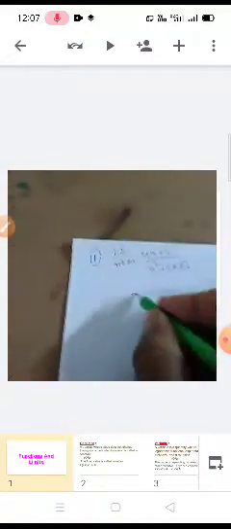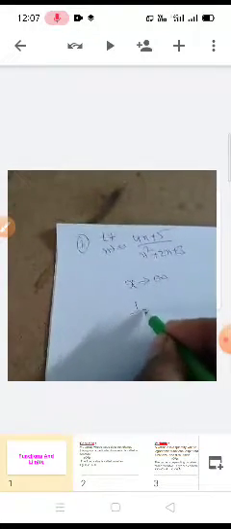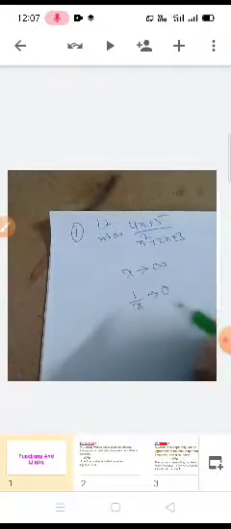We can't substitute the infinity value in the x place. So for that, we have to convert to 1 by x tends to 0.